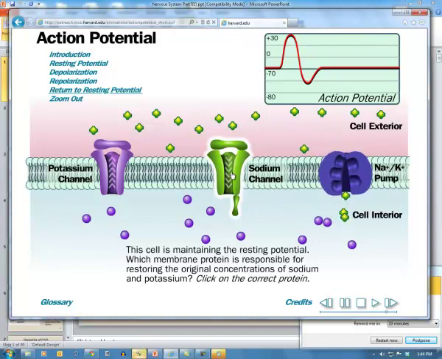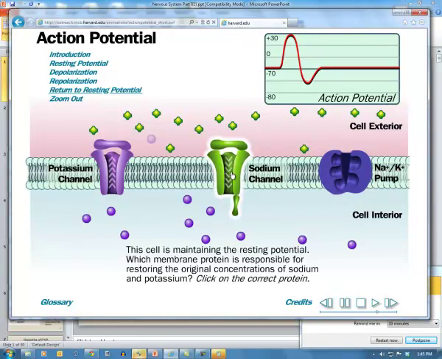Let's see if I can find the number for this book. Threshold. Look at your textbook. Chapter 11 is the chapter that we're in, and specifically the action potential is really well described on pages 402 and 403.